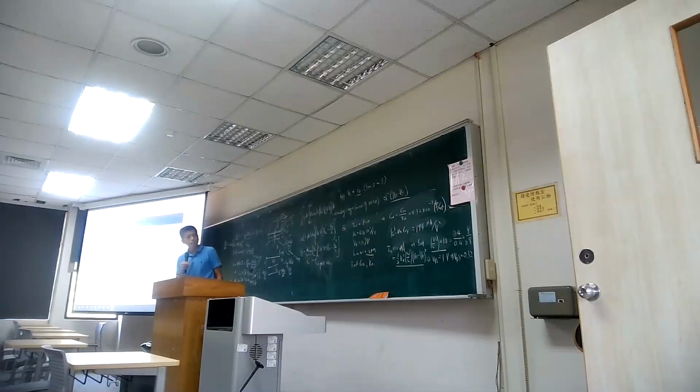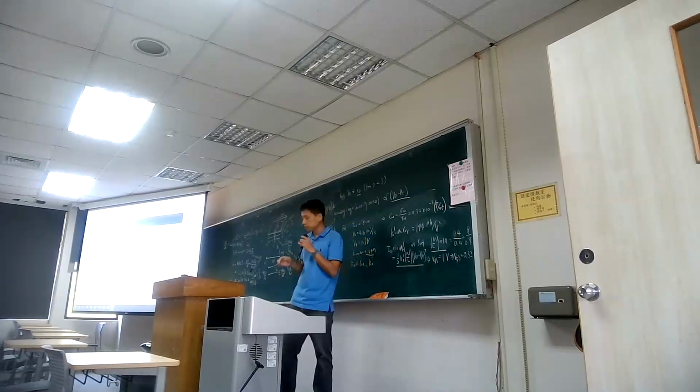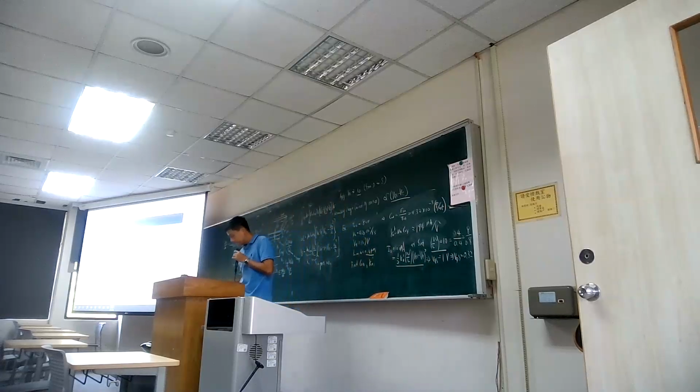So at least you need to conduct the current with the voltage VGS at 1 volt. And then the minimum VDS is 0.32 in order to satisfy this equation.